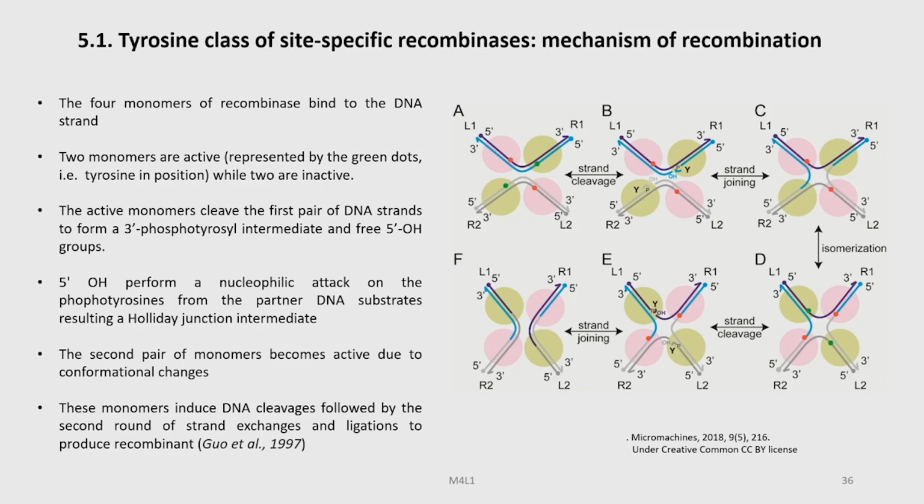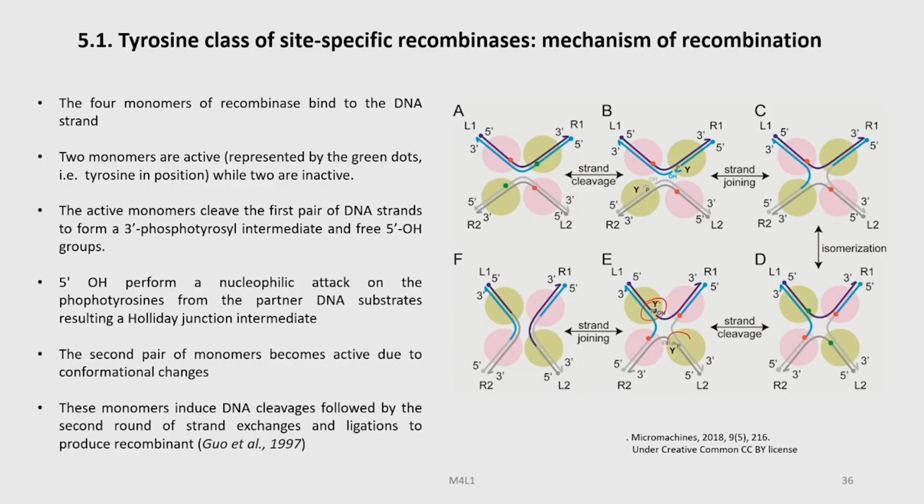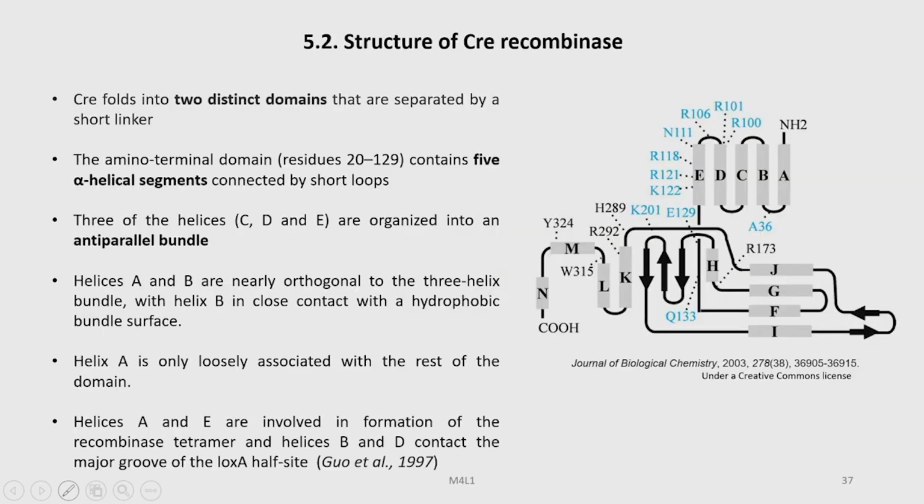These monomers induce DNA cleavage followed by the second round of exchanges and ligations to produce the recombinant DNA molecule. So, now the second cleavage has occurred here and these are the recombinant products as you can see, which is the final outcome of this entire procedure.